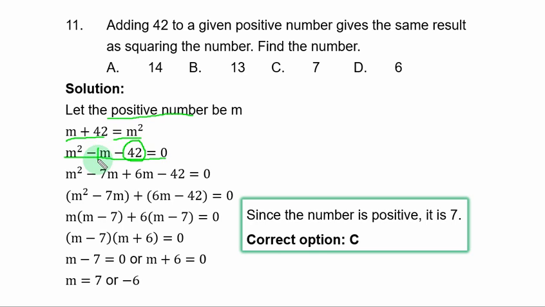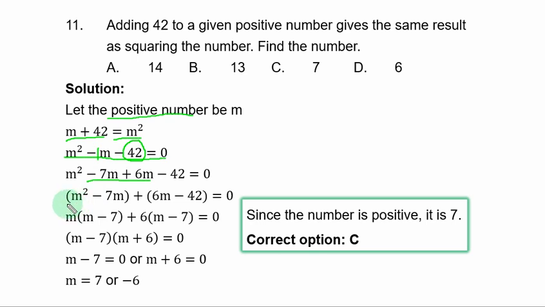Such factors are minus 7 plus 6. So you express the factors in terms of m and replace the middle term with them in this manner. The purpose is to have 4 terms so that you factorize by grouping.